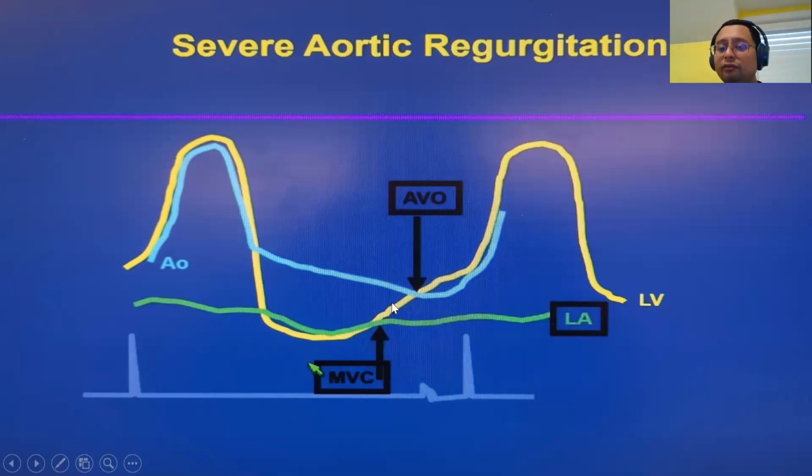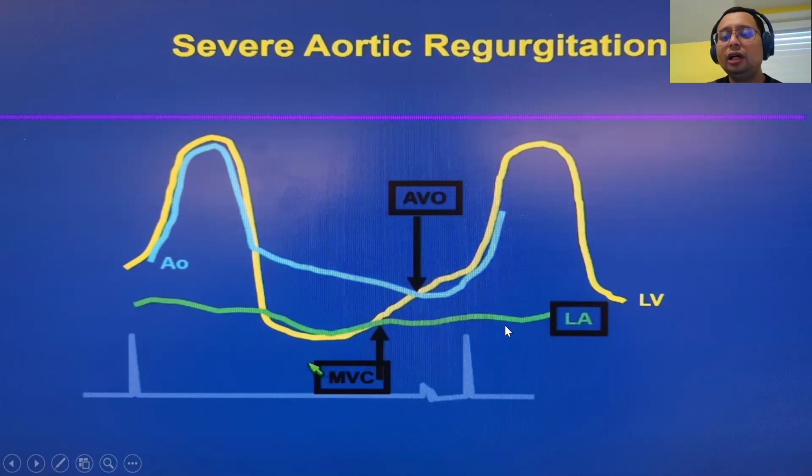Now, if your aortic regurgitation is very, very severe, even before the start of systole, the LV pressure is already higher than the aortic pressure. So you can also have premature aortic valve opening. First, you can have premature mitral valve closure as the left ventricular pressure is higher than the left atrial pressure.